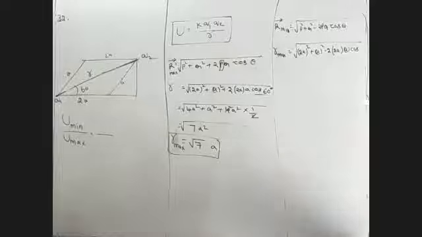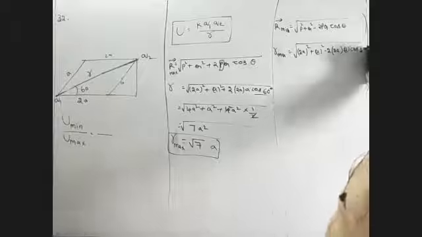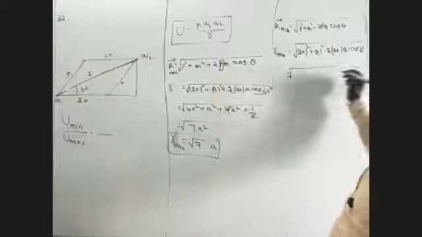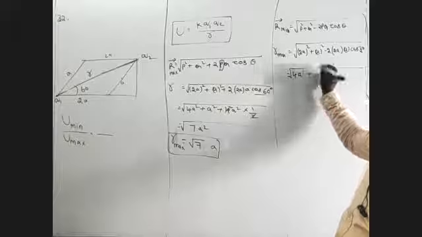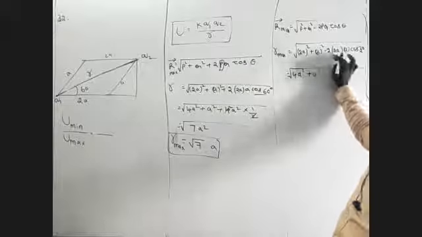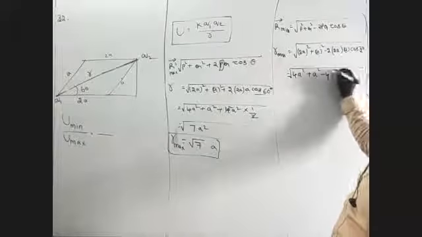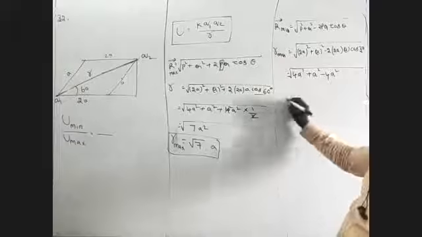Earlier I used 30 degrees: root of 2a square, 4a square, plus a square minus 2 into 2, 4a square, cos 30.